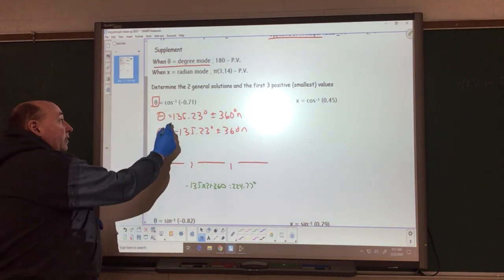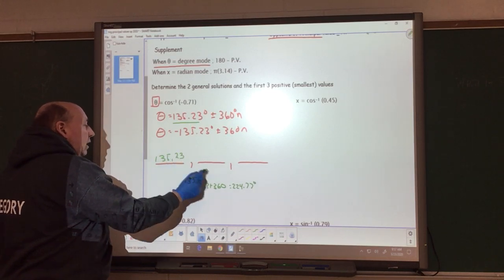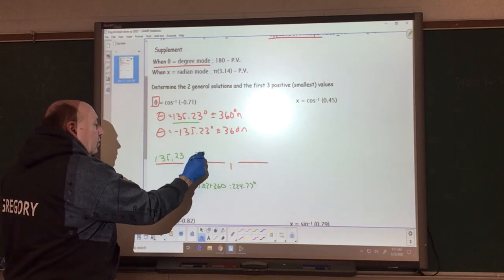So I'm going to take this value here as my smallest. This would be my second.